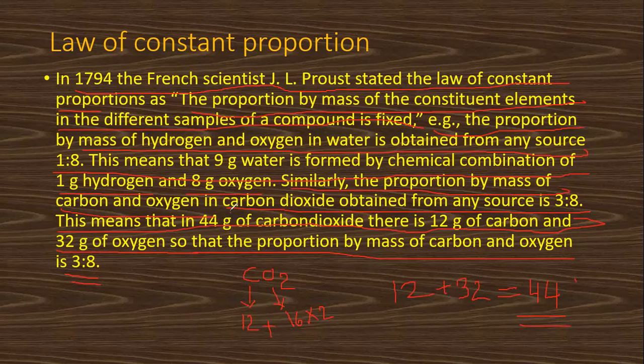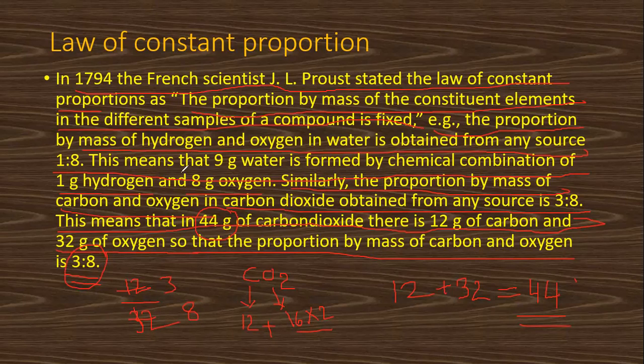So it is given here that 44 gram of carbon dioxide has 12 gram of carbon and 32 gram of oxygen. What is the proportion of that? You can find it out: 12 upon 32. If you cancel with 4, it is 3 ratio 8. So that's why it is given as 3 ratio 8.